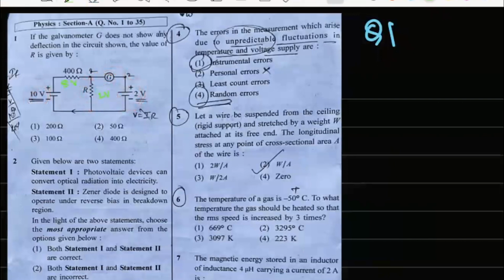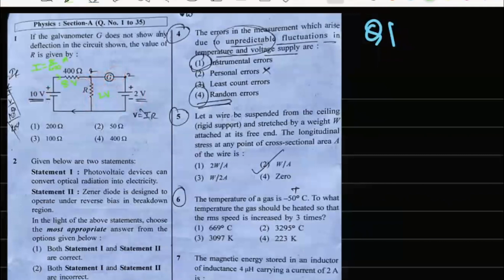Now, how much would be the current then? The current I would be V by R, so 8 upon 400 amperes. That current is also flowing through this resistor because nothing is going here, because the galvanometer is showing 0.